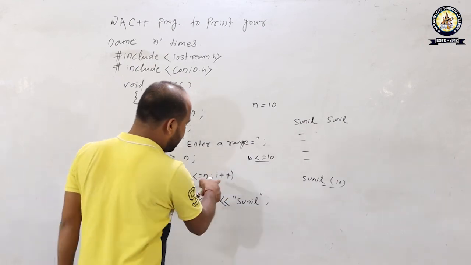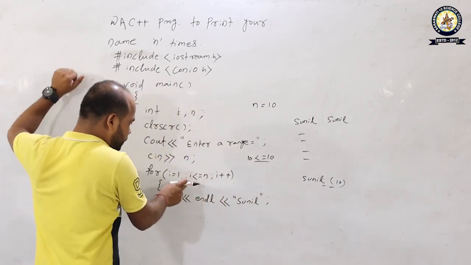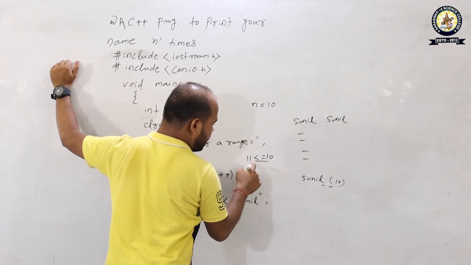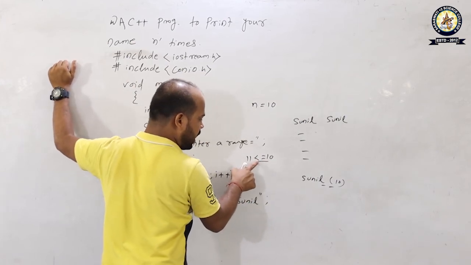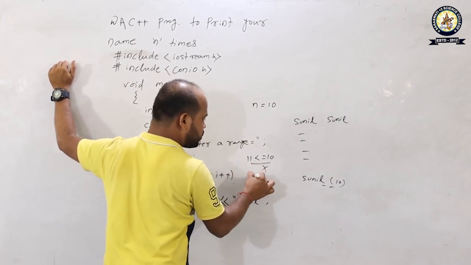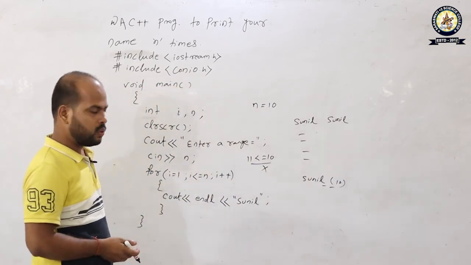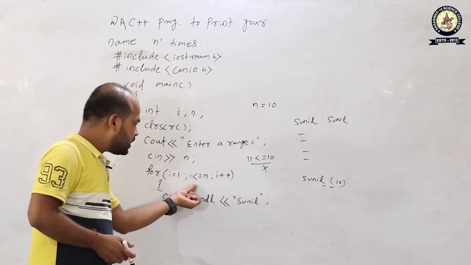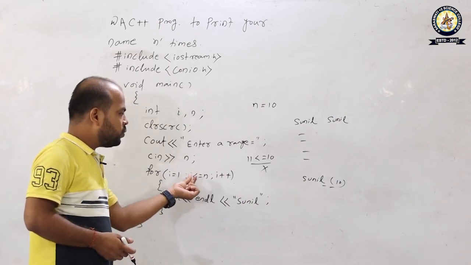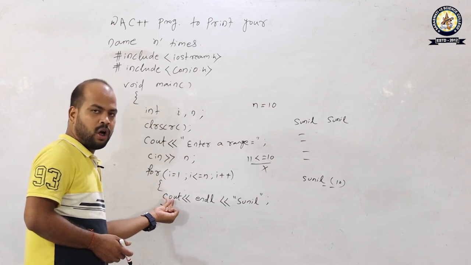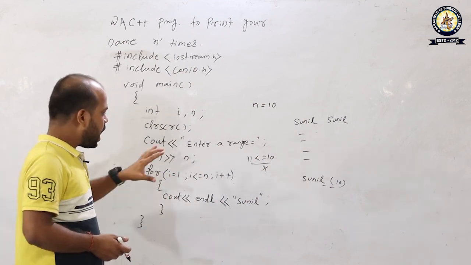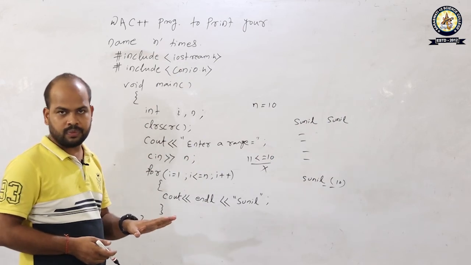So here 11 less than or equal to 10, then our condition becomes false. When the i value is 11, our control will not execute the loop block. It will come out of the loop block and our program will stop.